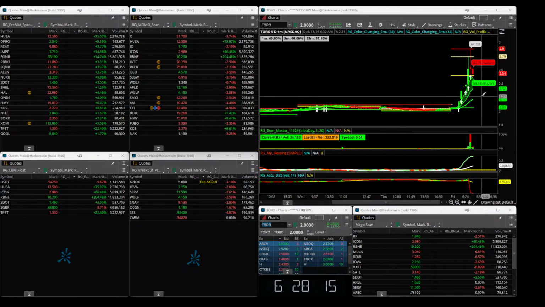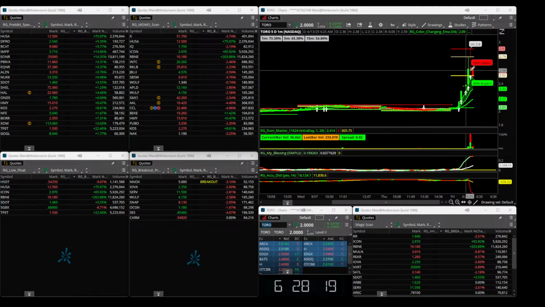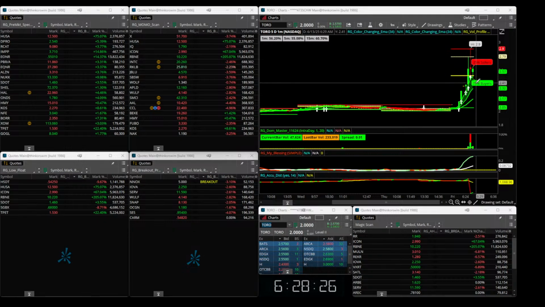I think them tall wicks up here are going to keep it from going up. There's a lot of sellers up here in this area. If you don't know what these wicks are, these are sellers driving the price back down. We want our wicks on the bottom driving it back up.